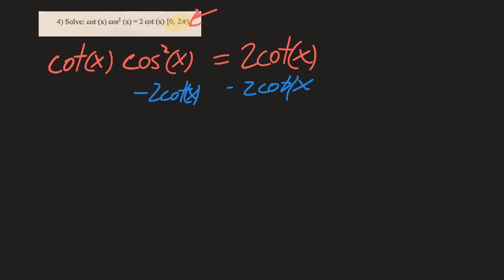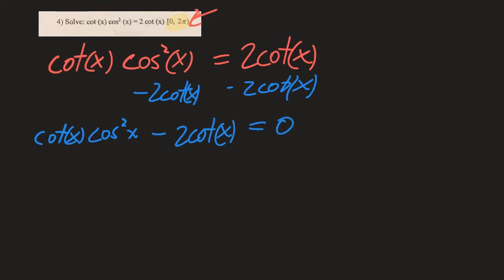We can't really combine anything, so I've got cotangent x cosine squared x minus 2 cotangent x equals 0.